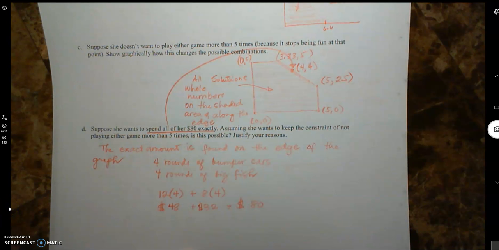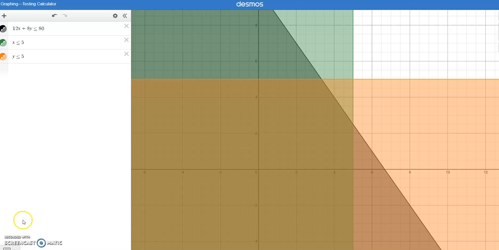All right, next question. Suppose she doesn't want to play either game more than 5 times because it stops being fun at that point. Show graphically how this will change the possible combinations. Let us use Desmos for this. Okay, so I need you to concentrate fully on how this will be analyzed. Your possible combinations are just within this pentagon right here.